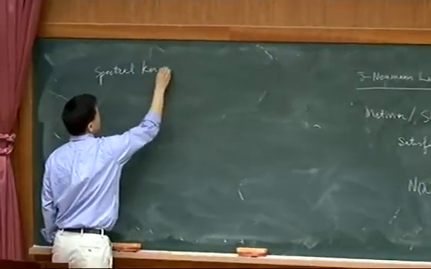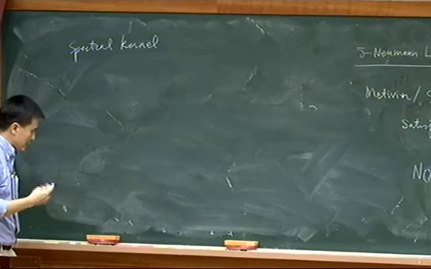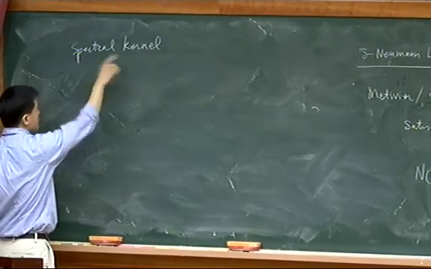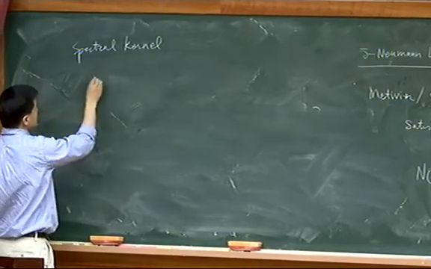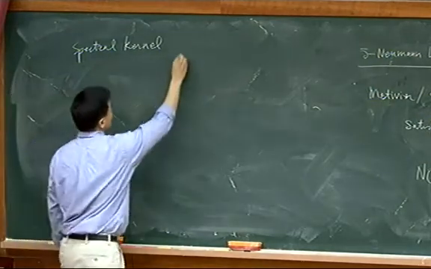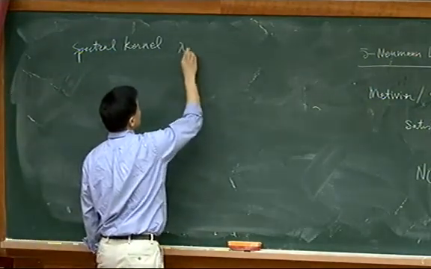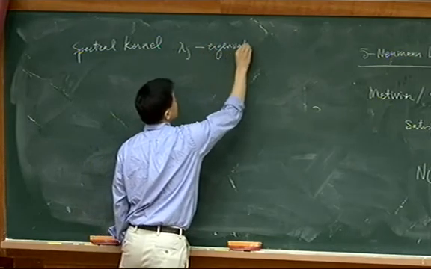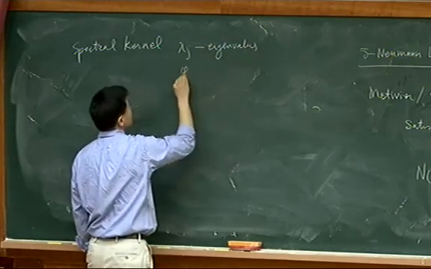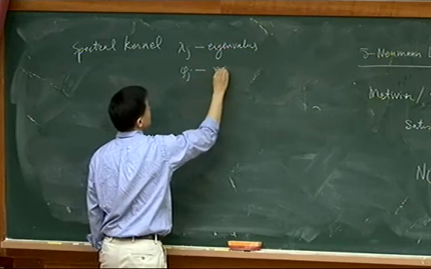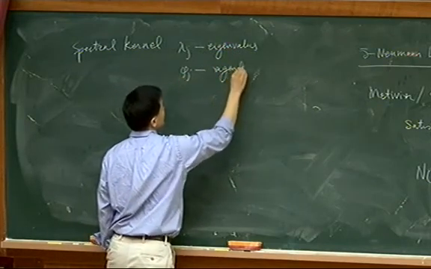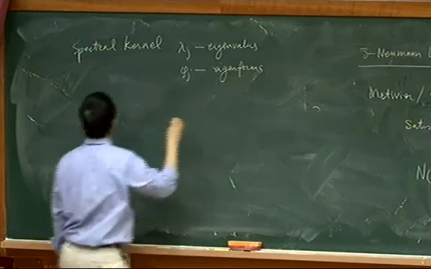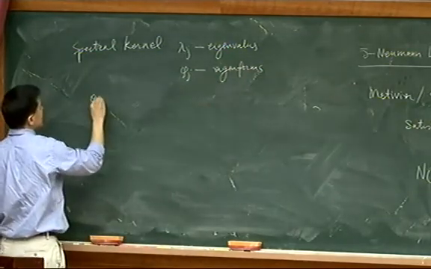You can study the heat kernel, but let me just mention the way to prove it using the spectral kernel. Suppose you have the eigenvalues lambda j, and phi j are the corresponding eigenforms.